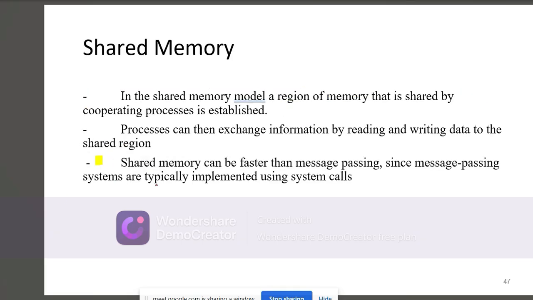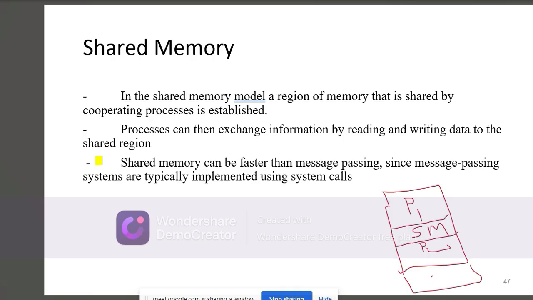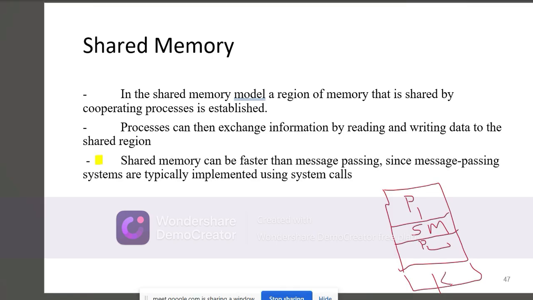In shared memory, suppose this is your OS. In the OS, suppose this is your process P1. This is the shared memory, which I am writing as SM for short. This is process P2. And at the last, the kernel is there.